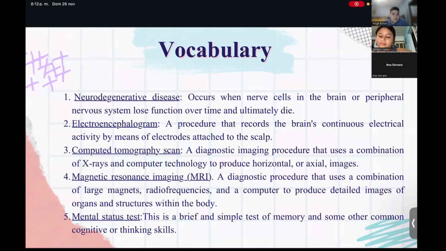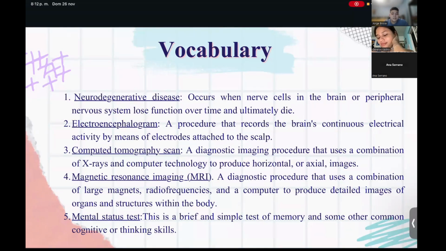The vocabulary. Neurodegenerative disease occurs when nerve cells in the brain or peripheral nervous system lose function over time and ultimately die. Electroencephalogram is a procedure that records the brain's continuous electrical activity by means of electrodes attached to the scalp. Computed tomography scan is a diagnostic imaging procedure that uses a combination of X-rays and computer technology to produce horizontal or axial images.